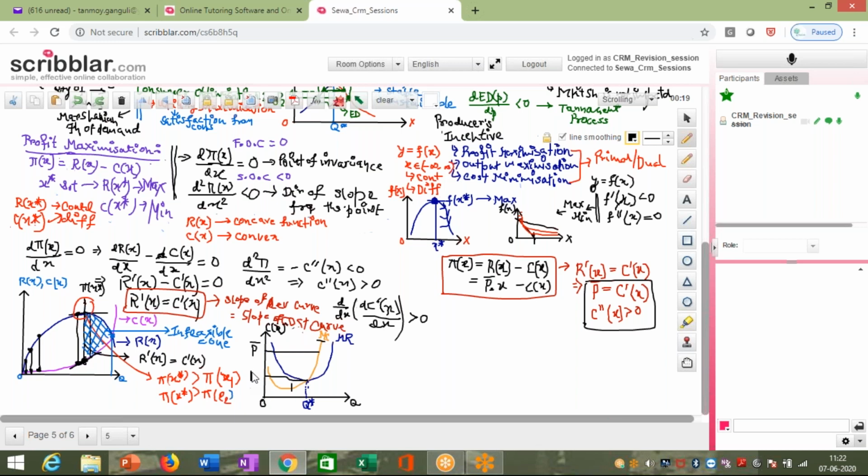This is P bar, where again P bar equals the marginal cost curve. And this can be another P bar.